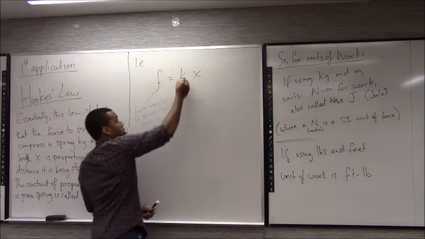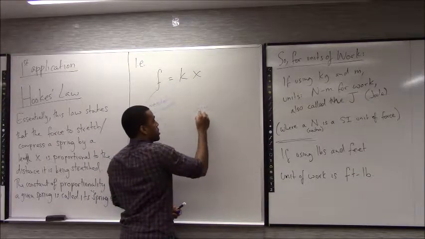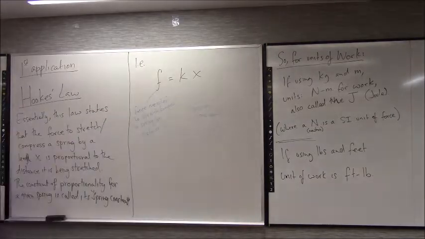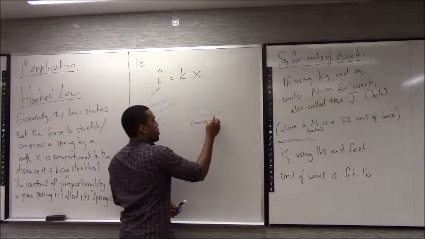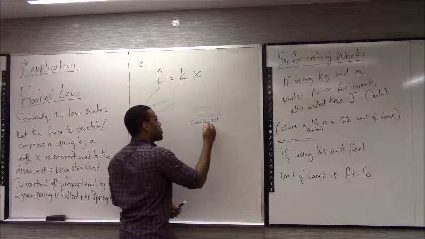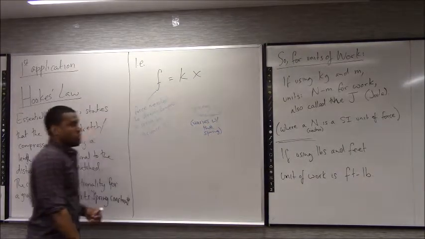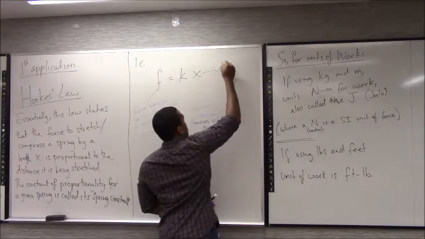And k is called the spring constant, and this varies with the spring. x is the distance stretched or compressed.